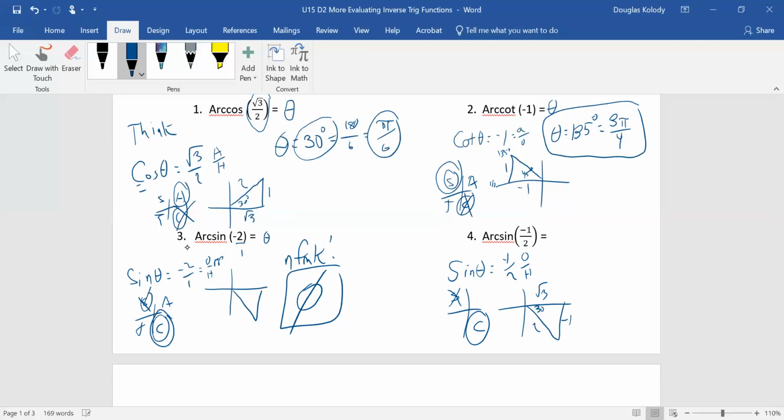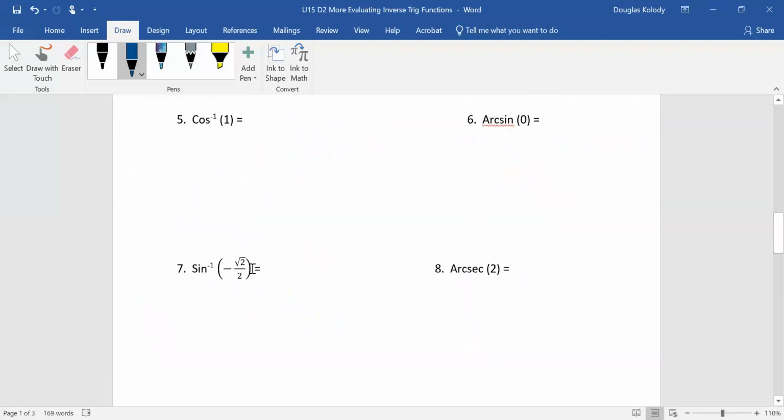The 30-degree angle, which means this is 330 degrees. There's my answer. So theta either equals 330, or as a radian, that would be 11 times 30 degrees. 11 times pi over 6. Pi over 6 is 30 degrees. 11 times that is 330 degrees. Boom. Here we go. All right. So that's how this works out right here.